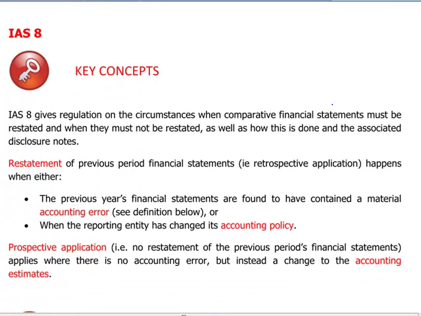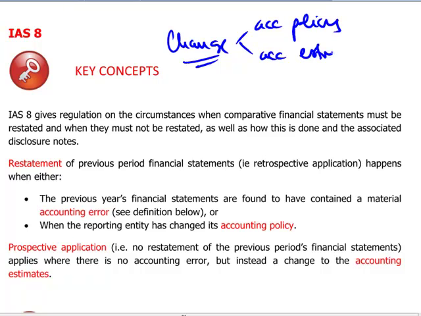IAS 8 is mainly dealing with how we shall present the information in the financial statements when we actually have a change in either an accounting policy, so something has changed, or an accounting estimate, or we find an error, and we are talking here about material errors in the financial statements that were previously released for publication.